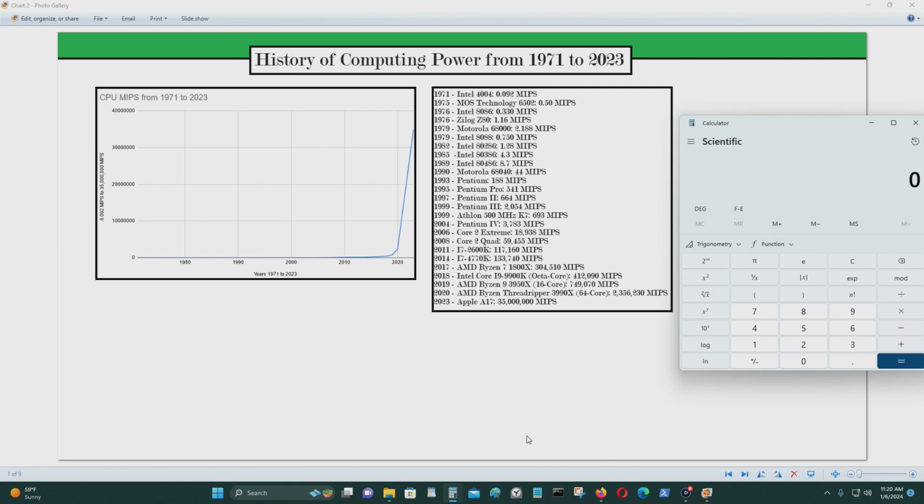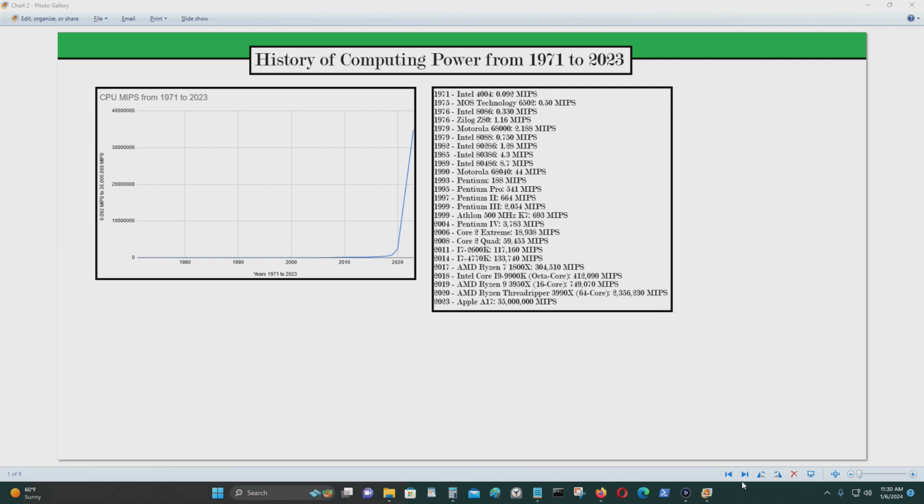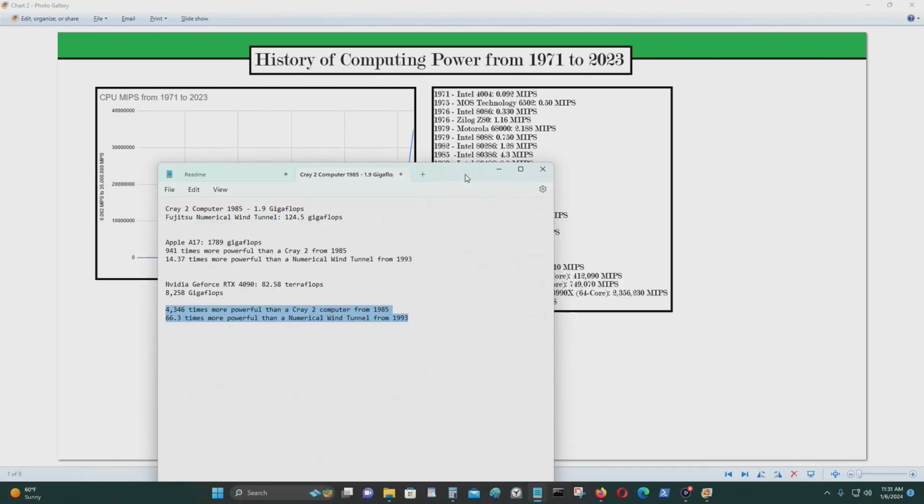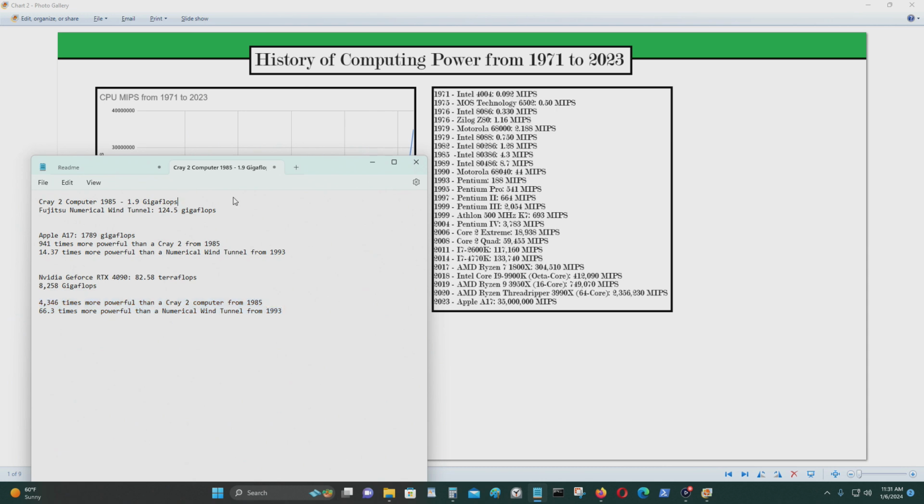Let me see how much that is actually. Okay, so a Cray computer was capable of about 1.9 gigaflops in 1985. The Fujitsu Numerical Wind Tunnel was capable of 124.5 gigaflops.